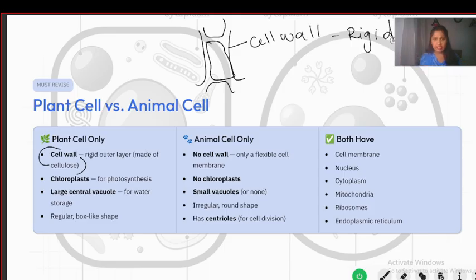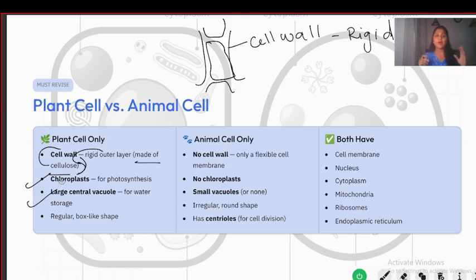It cannot be broken easily. What it does is provide rigidity to the plant cell. As plants are stationary, they need extra protection. So that extra protection to the plant cell is given by the cell wall. It is the outermost layer, and what is it made up of? Cellulose.